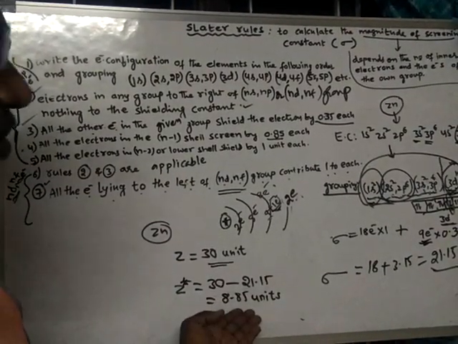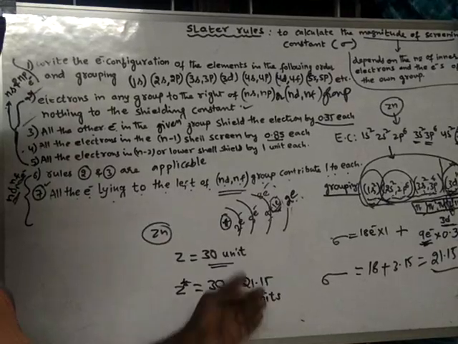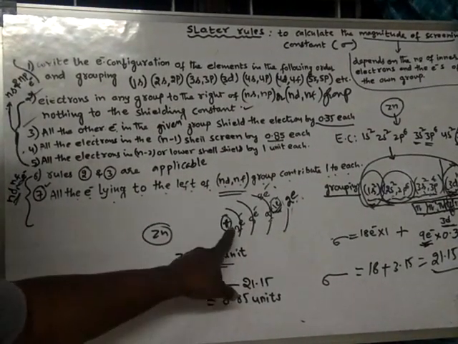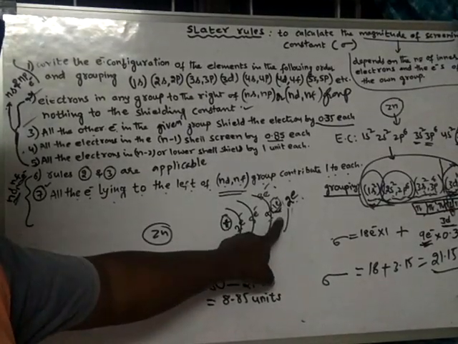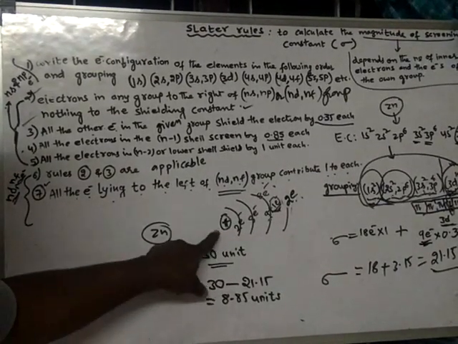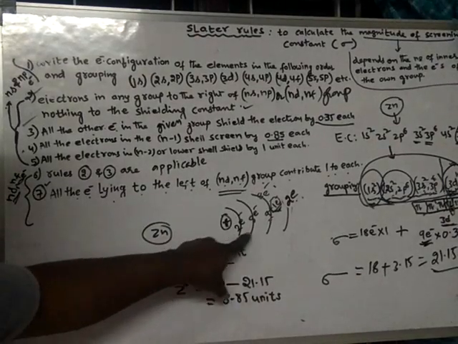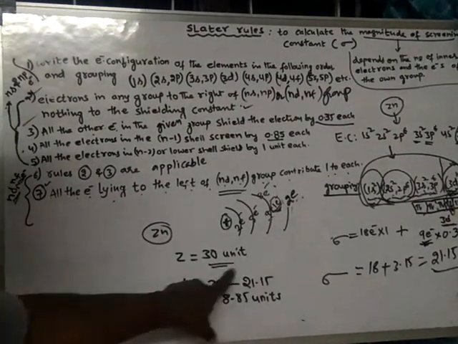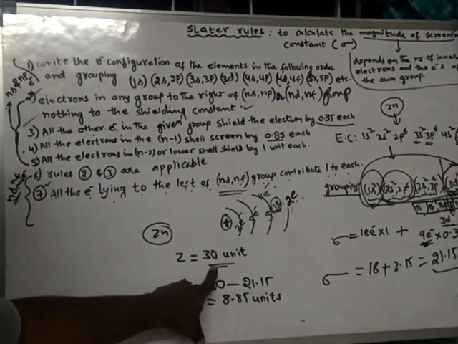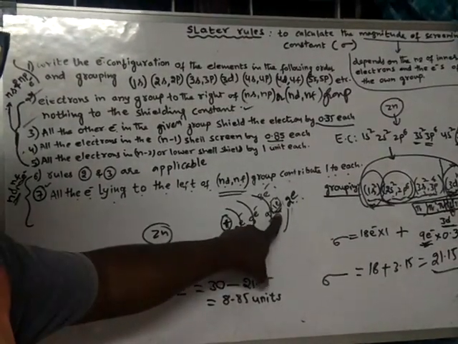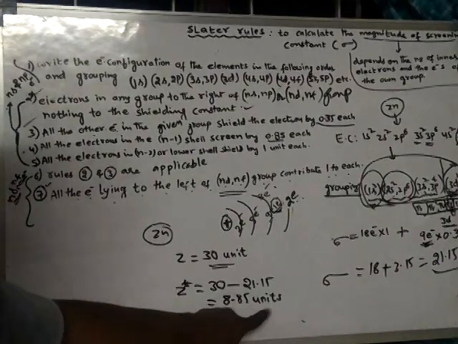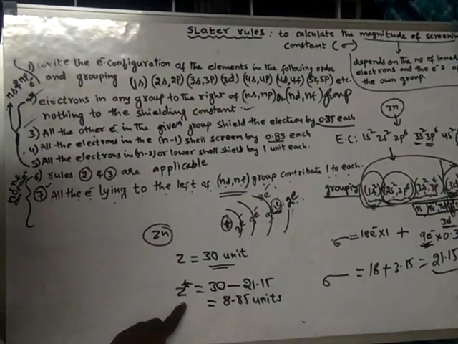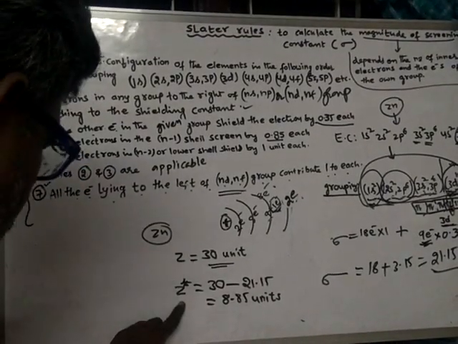If these electrons were not showing a screening effect, this electron would experience 30 units of force of attraction from the nucleus. But due to the presence of these electrons, it experiences only 8.85 units. This is called the effective nuclear charge.